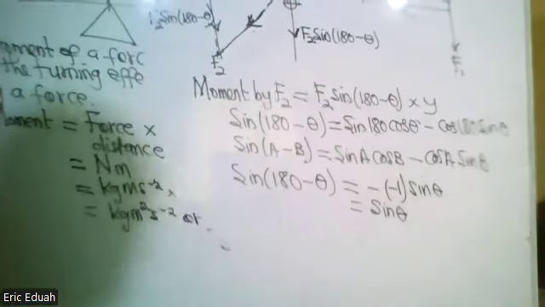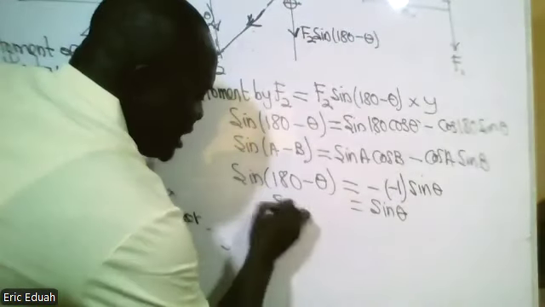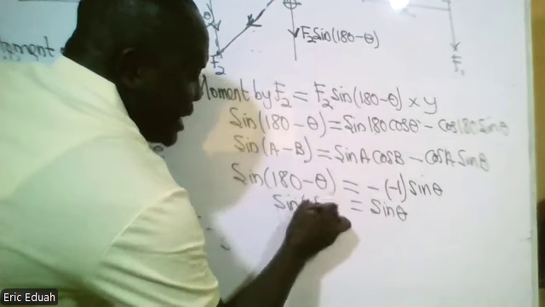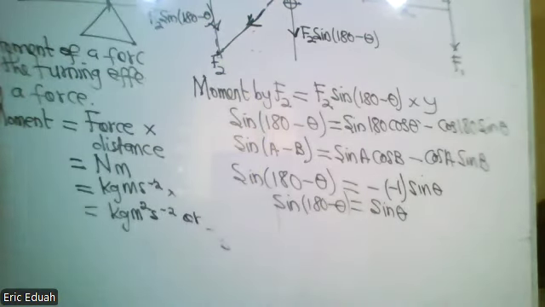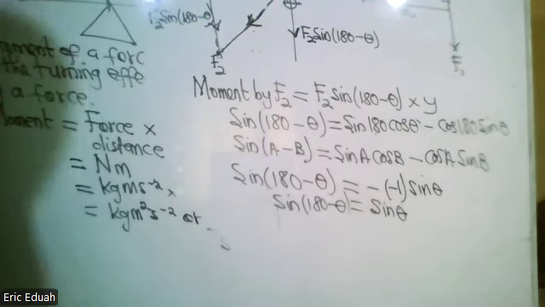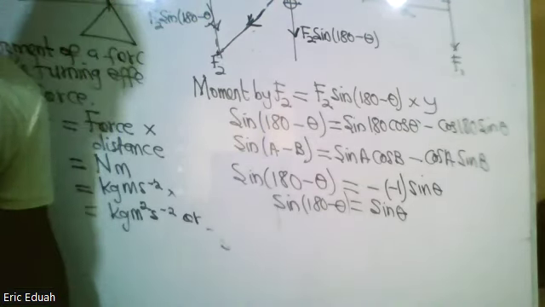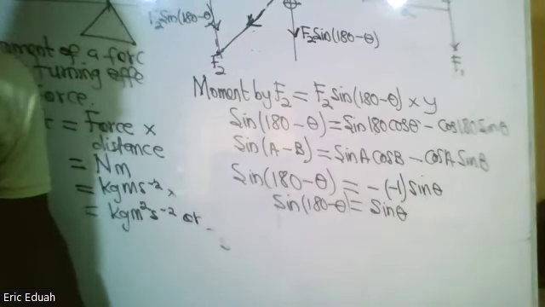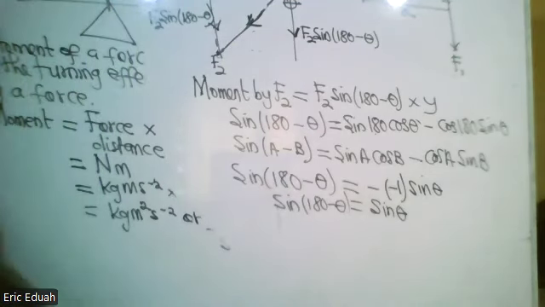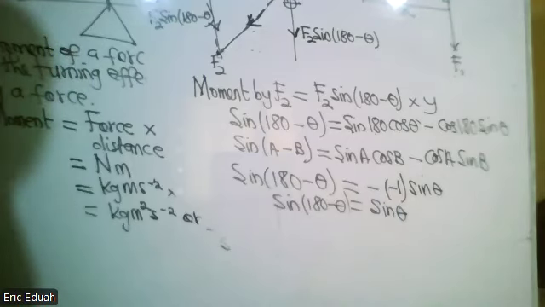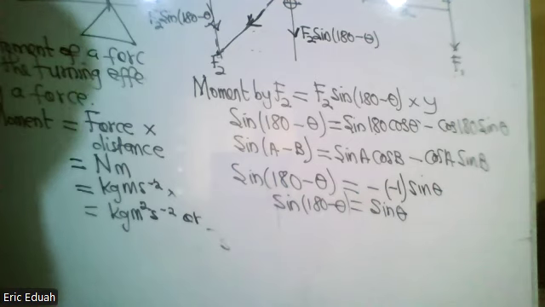What we have done is that sine 180 minus theta is equal to sine theta. So it means sine 120 is equal to sine 60, sine 30 is equal to sine 150, sine 20 is equal to sine 160, and so on.